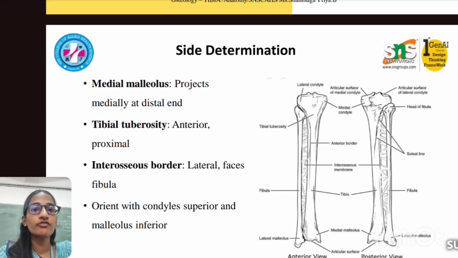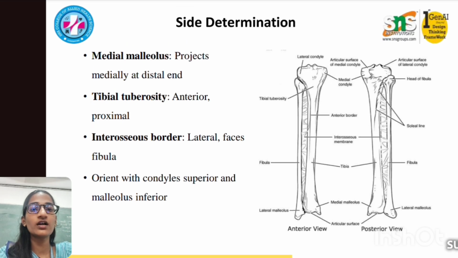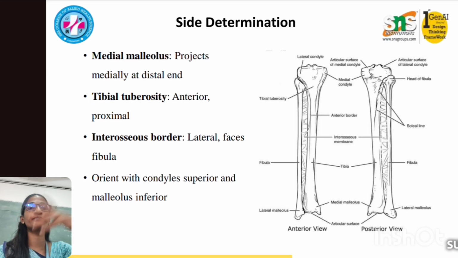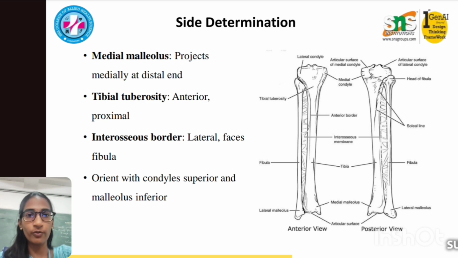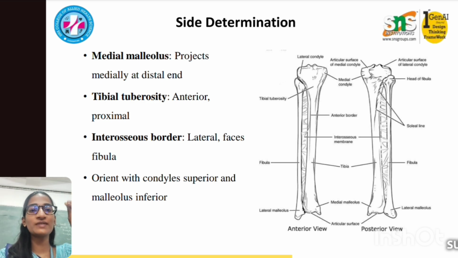For the side determination, we identify whether it is the right tibia or the left tibia based on these four points. First is the medial malleolus, which projects medially at the distal end. Then the tibial tuberosity, which is anterior and proximal. The interosseous border is lateral and faces the fibula.